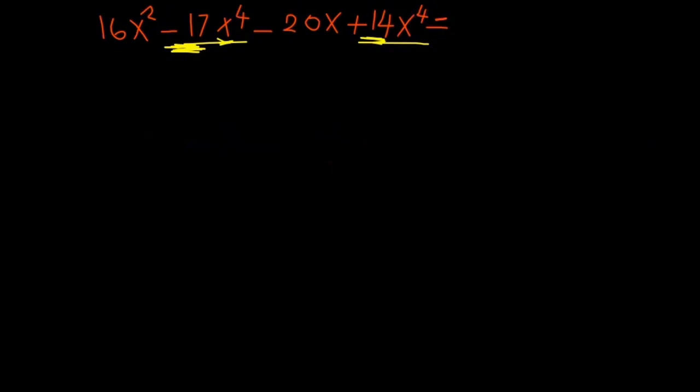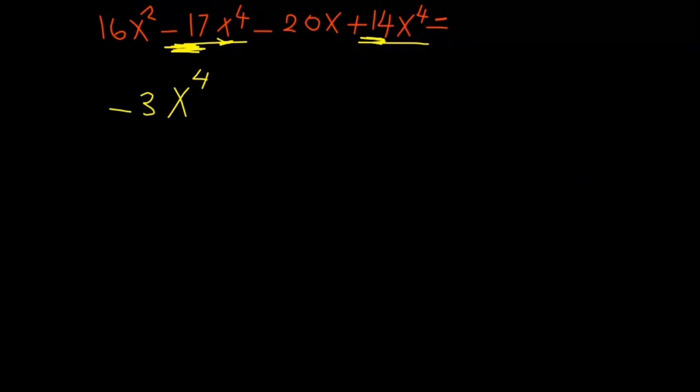Opposite sign, subtract. So we take the higher sign, negative. So it's negative 3x to the power of what? To the power of 4. Because as I said before, we just take the same variable with its exponent.